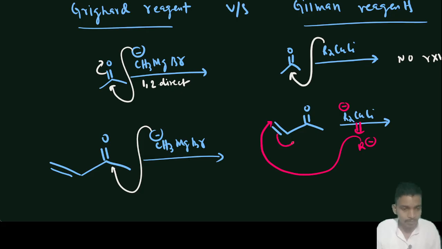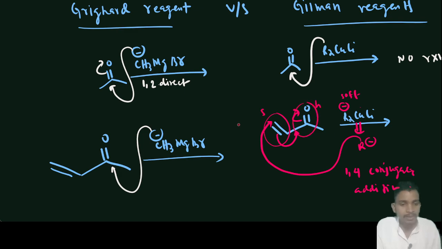It will do 1,4 conjugate additions, which I discussed in the previous class with the HSAB acid-base principle. This becomes a soft reagent, and it will attack this soft part, while this is the hard part and this is the soft part.